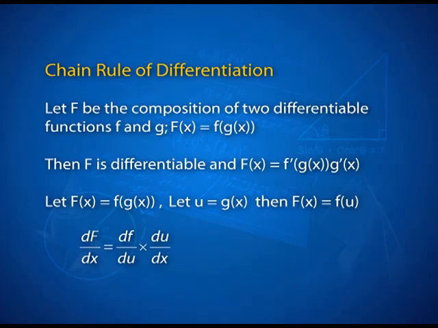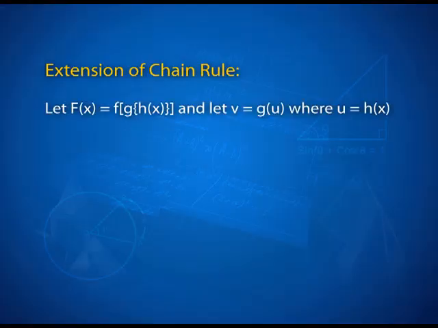This gets extended to three or more functions. If capital F is a function composed of f, g and h in that order, and v is g of u where u is h of x, you come through the layers: h of x is u, then the outer layer v is g of u, such that the function capital F becomes f of v.